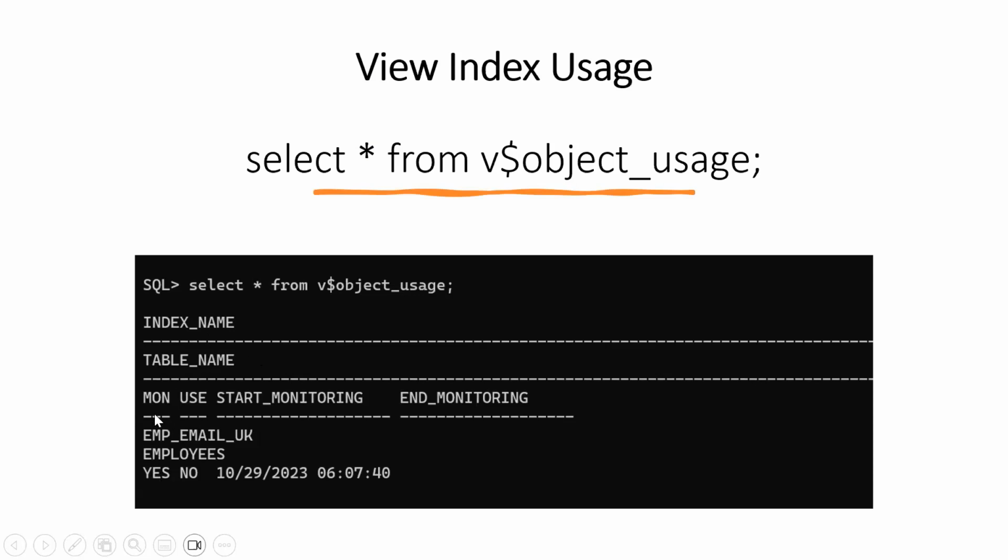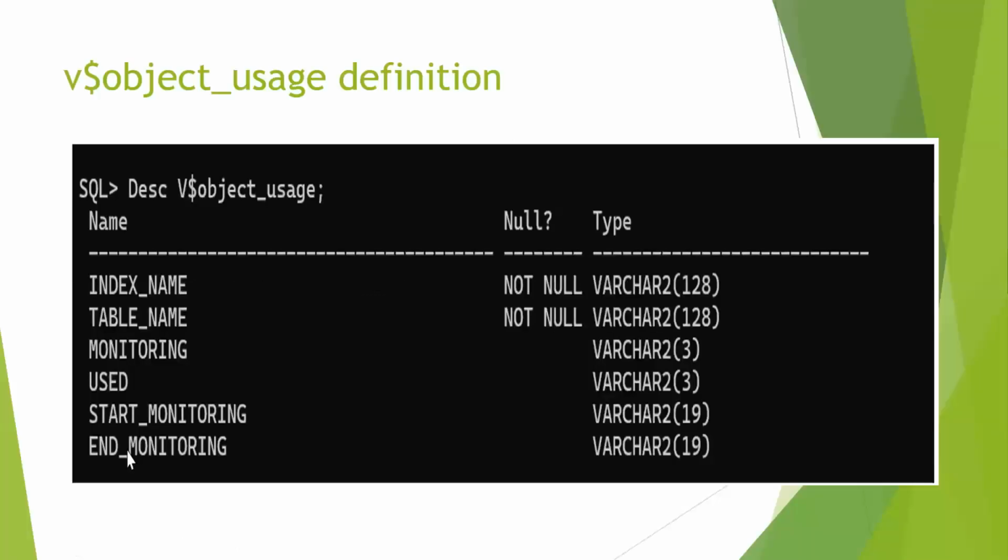You see, we just turned on the monitoring usage for this index, EMP_EML, so the monitoring usage is turned on, and the usage is no. The start monitoring time and the other information are shown here. I also want you to check the schema or the definition of V$OBJECT_USAGE.